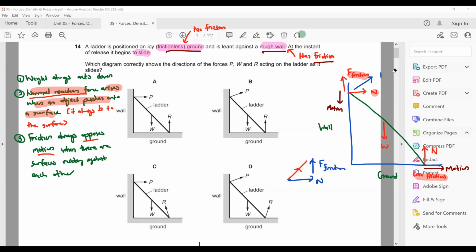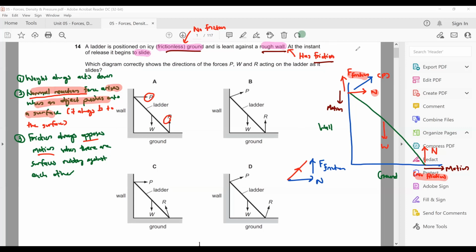So right now, what you will have is a force here, P. The reason why I put this P is because they label the forces here P and R. Right. So this one is your force P.